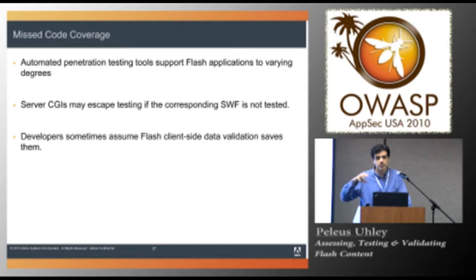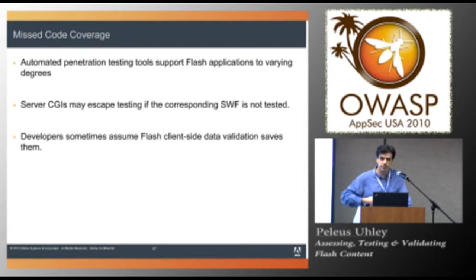And if you have Flash content that's a form, then those tools may not see the server CGI addresses that are behind those Swifts and that those Swifts are calling, because the tool may not be able to understand that Swift, so it skips over it.